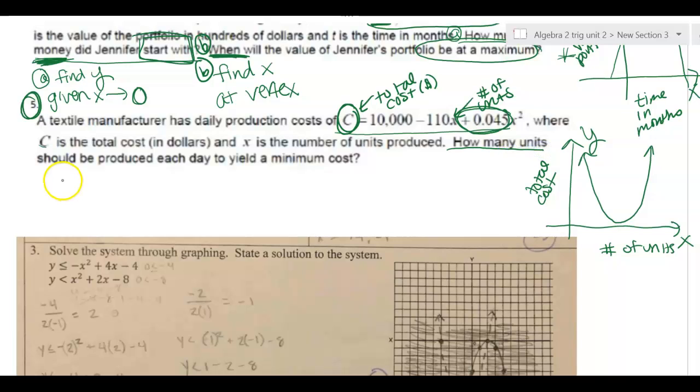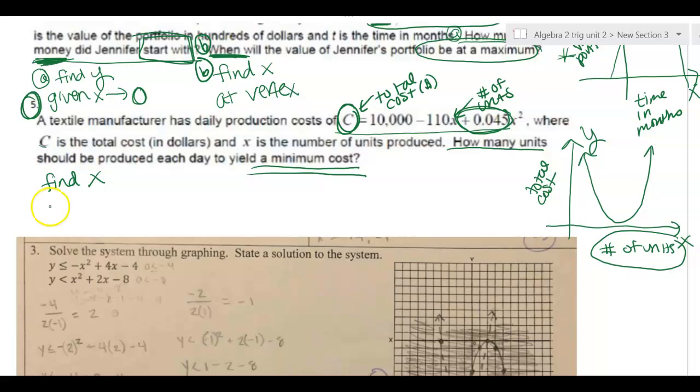So I'm translating that in my head when I look at my axes and I see the x-axis is number of units, that I'm supposed to find x. And then my question is, what am I finding x for? A certain y or a certain position on the parabola? And so it says how many units should be produced each day to yield a minimum cost.